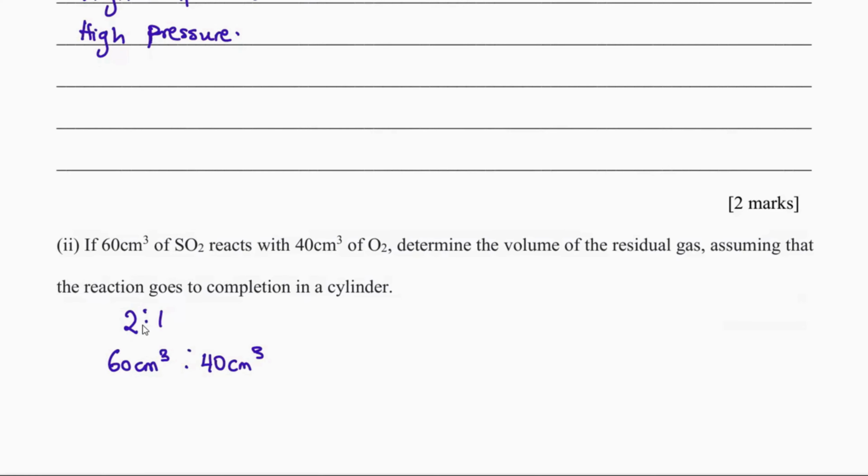So if SO2 is 60 cm³, using this 2:1, our oxygen is supposed to be 30. Because when we say 2:1, 60 will give us what? When we cross multiply, we have 2 times the unknown equal to 60, so divided by 2, the unknown will be equal to 30. This is just a side note. So our 60 cm³ is supposed to need 30 cm³ of oxygen.